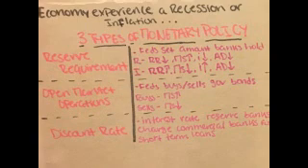Under the open market operation policy, the Fed buys or sells government bonds, which are securities. Buying government bonds increases the money supply in a recession, and selling government bonds decreases money supply in an inflation.